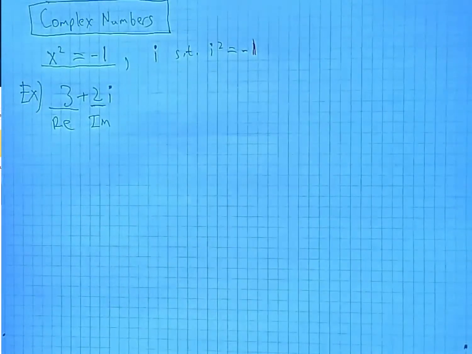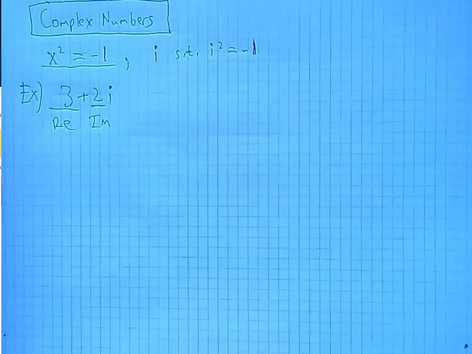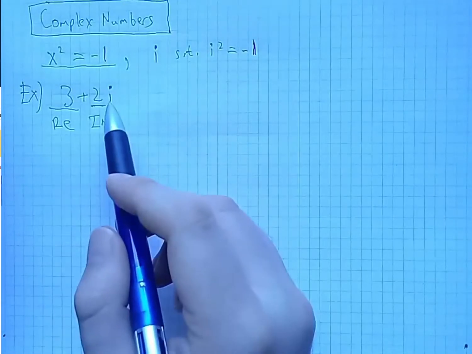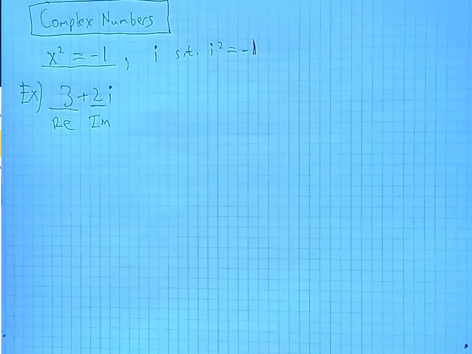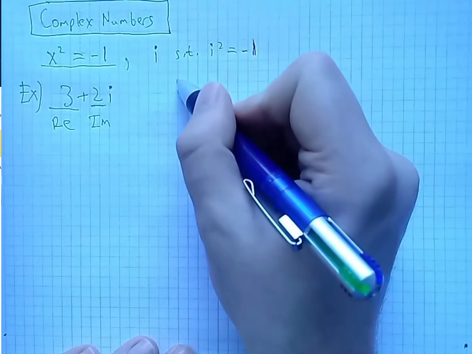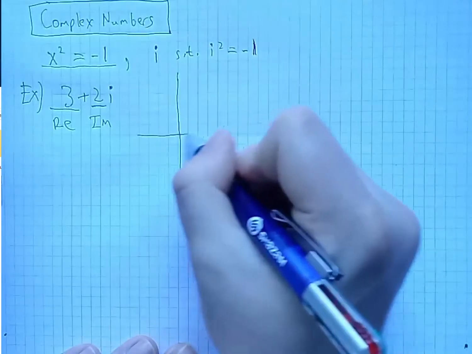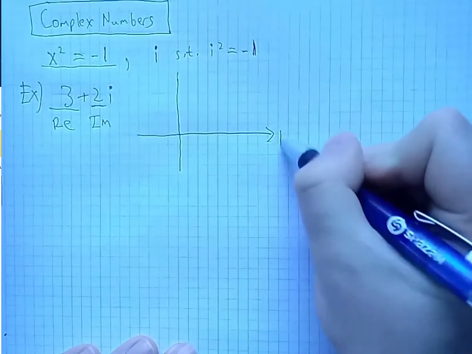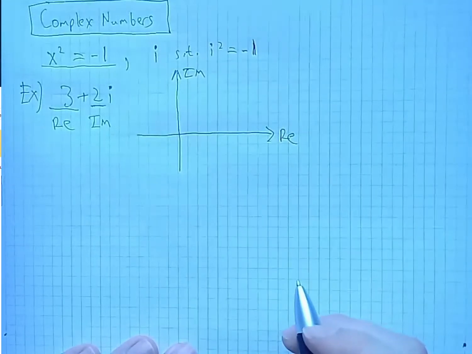And because we're always going to be able to separate out into coefficients that are purely real, plus a coefficient times i, which we call our imaginary coefficient, we can actually think of these numbers as vectors, as 2D vectors. So what we'll do is we'll plot the real component on the x-axis, and we'll plot the imaginary component on the y-axis.